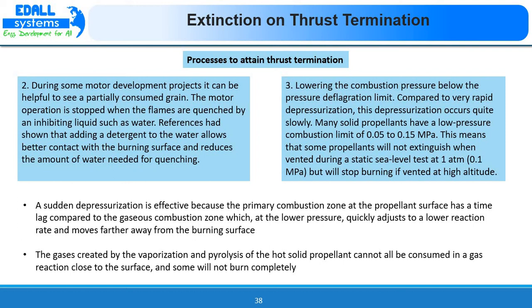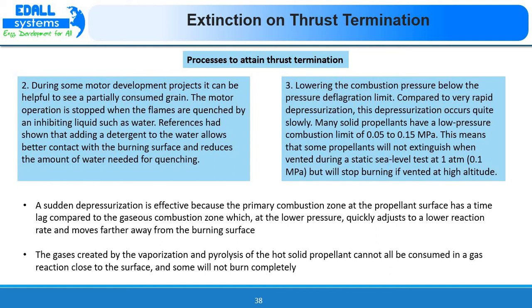A sudden depressurization is effective because the primary combustion zone at the propellant surface has a time lag compared to the gaseous combustion zone, which at the lower pressure quickly adjusts to a lower reaction rate and moves farther away from the burning surface. So compared to the other techniques which are given here, rapid depressurization is the technique which one can go for, because the gases created by the vaporization and pyrolysis of the hot solid propellant cannot all be consumed in a gas reaction close to the surface and some will not burn completely.